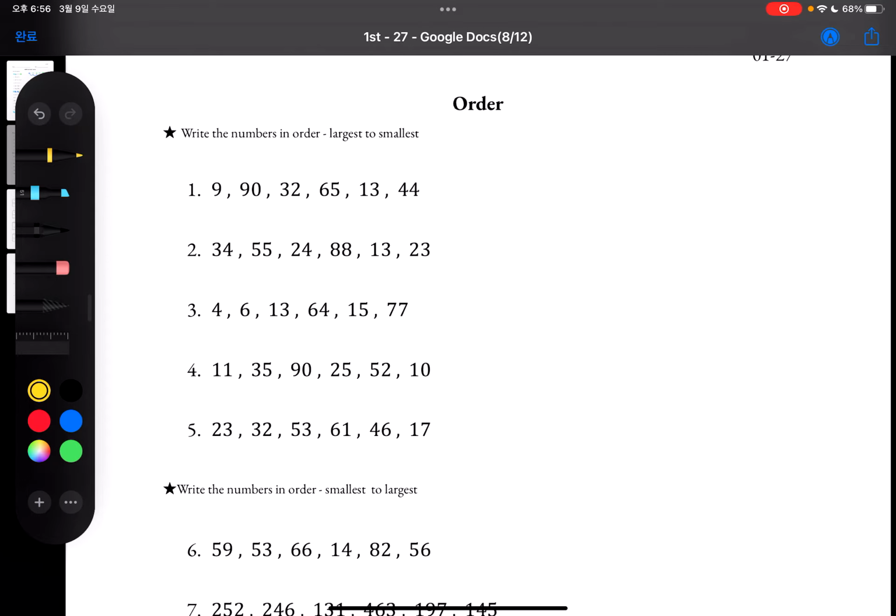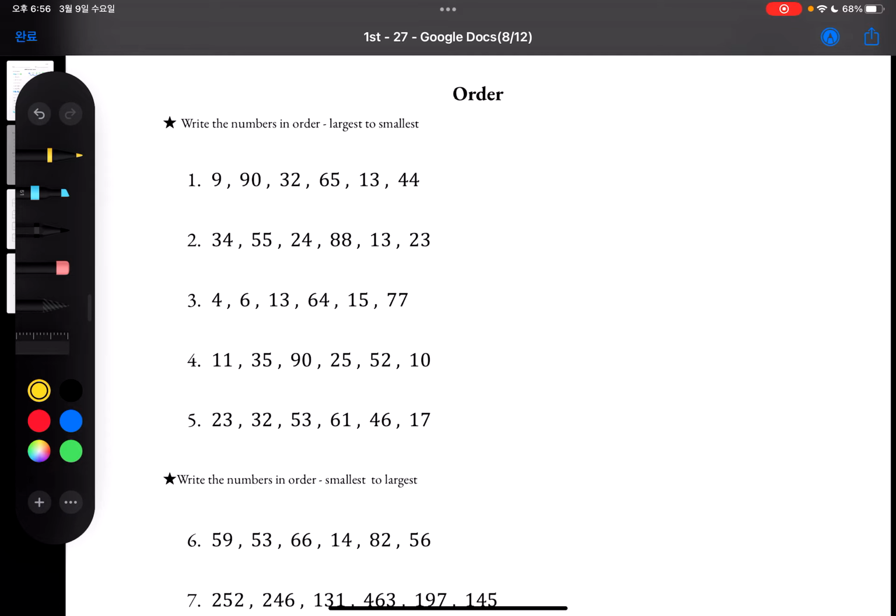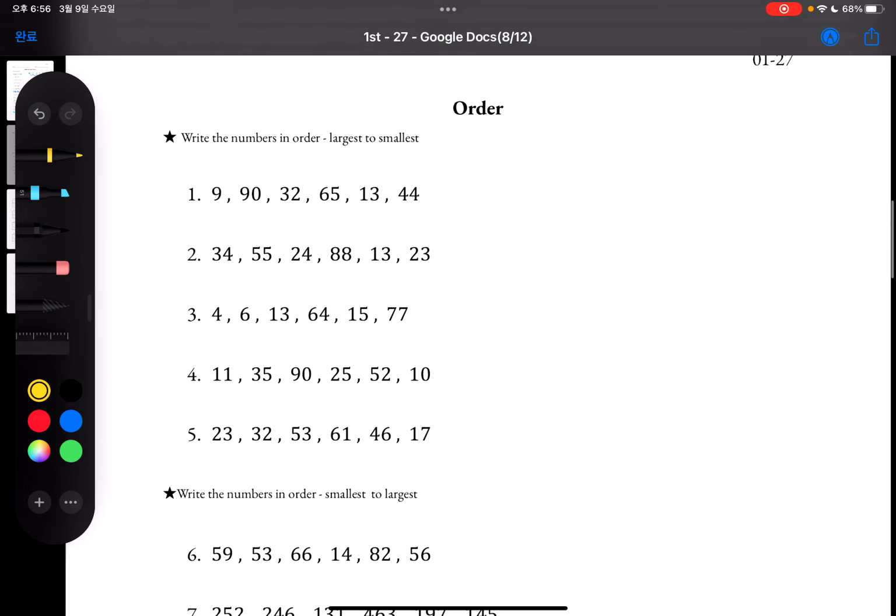I'm only going to show how to do one of them, because the first half is from largest to smallest, and the second half is smallest to largest. So let's look at number 3. Number 3 has 4, 6, 13, 64, 15, and 77. Because this first half is about largest to smallest, we're going to put the largest number in front.